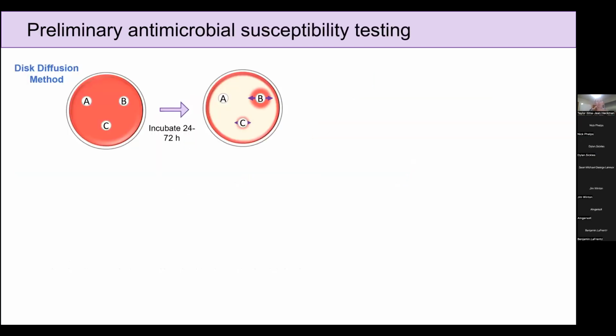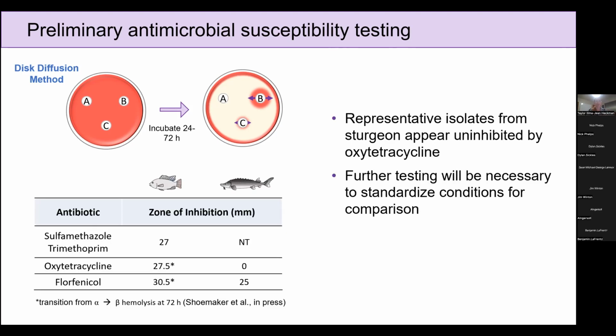And then we also did some preliminary antimicrobial susceptibility testing. There were some mild differences in the conditions used in terms of aggregate. So we are going to continue to run these to standardize them. But right now, one of the more interesting things that came up that I wanted to share is that it looks like the sturgeon representative isolates were uninhibited by oxytetracycline, which is one of the 3 drugs approved for use in aquaculture.